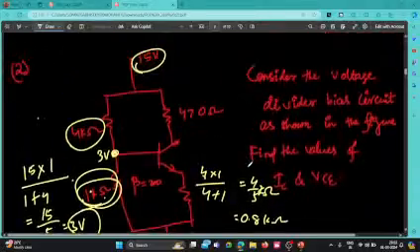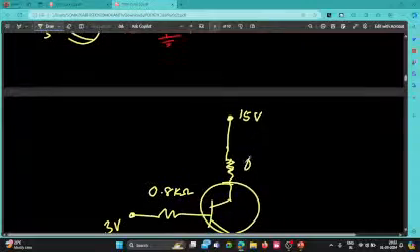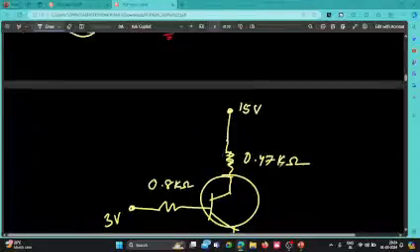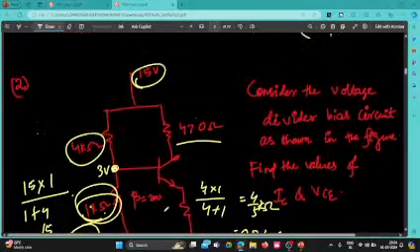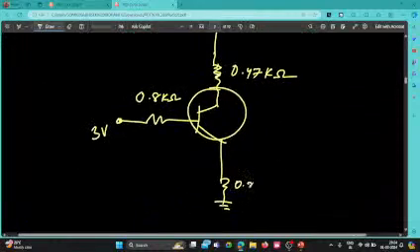Everything will remain as it is, 15 volt. This is your 0.47 kilo ohm. Okay, we'll convert everything into kilo ohm. And this one is 220 ohm. Sorry, I didn't write it here. That means 0.22 kilo ohm. Okay, so this is your final diagram.